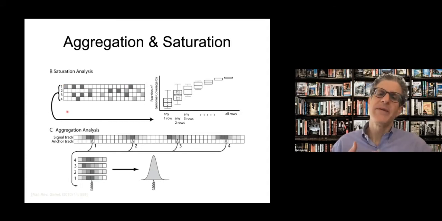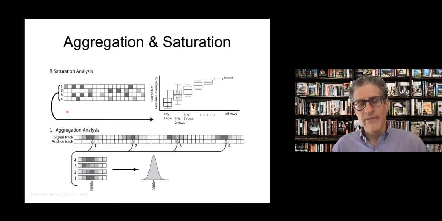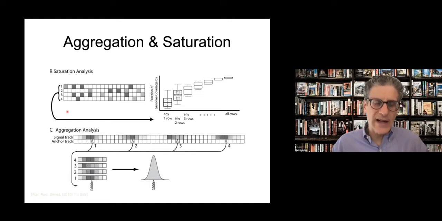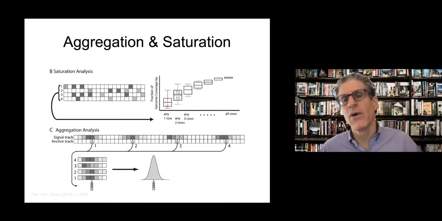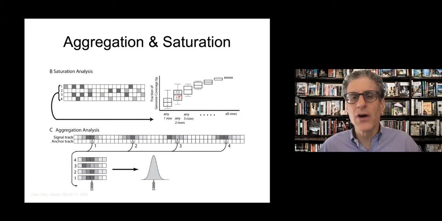And going down, we have maybe different conditions that we're looking at gene expression in. And we want to see how many conditions we have to look at until we've gotten everything being expressed, or we've gotten complete coverage. So they'll look at, if they do one row, how much is covered? They'll do two rows, how much is covered?